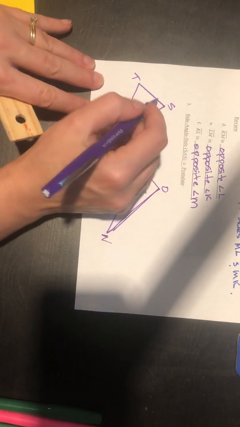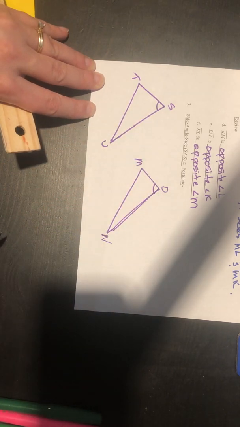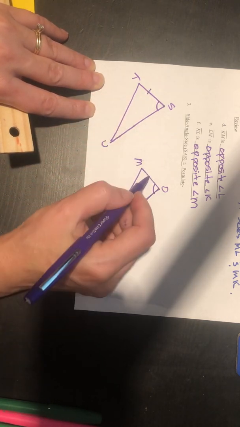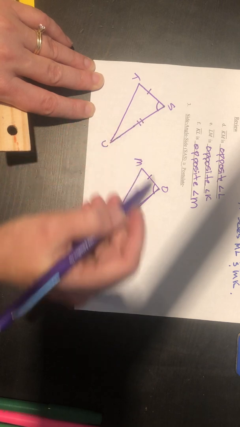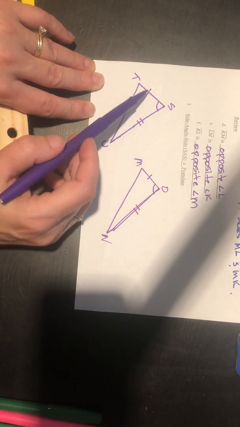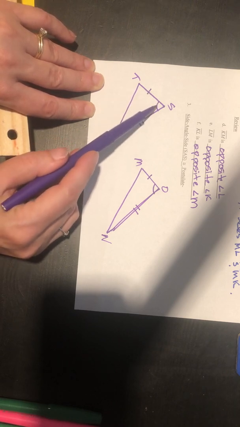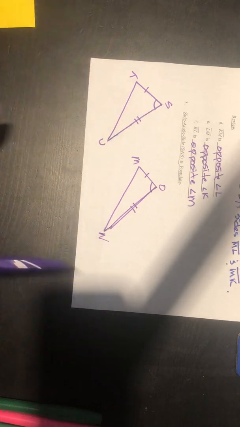So if I know that angle S and angle O are congruent, and then I also know that side TS and side MO are congruent, and finally SU and ON are congruent, I have what's called side angle side, because I have two sides and an included angle that are congruent to each other in two different triangles, and so I know that those are congruent.